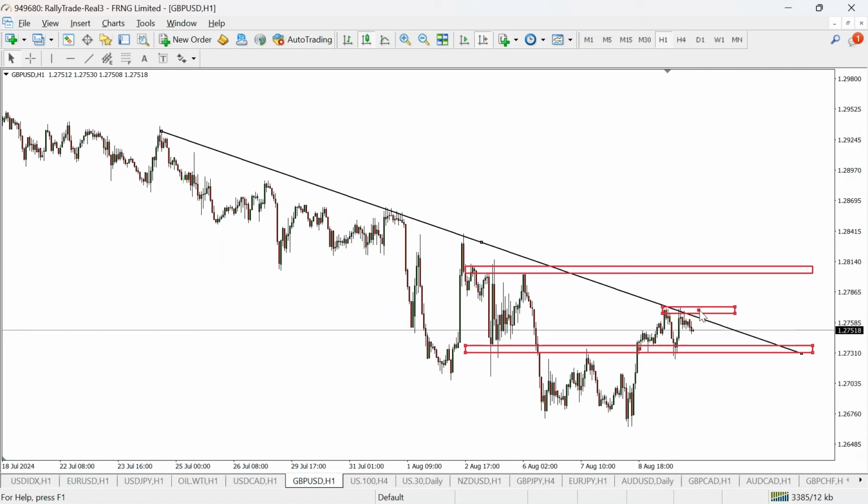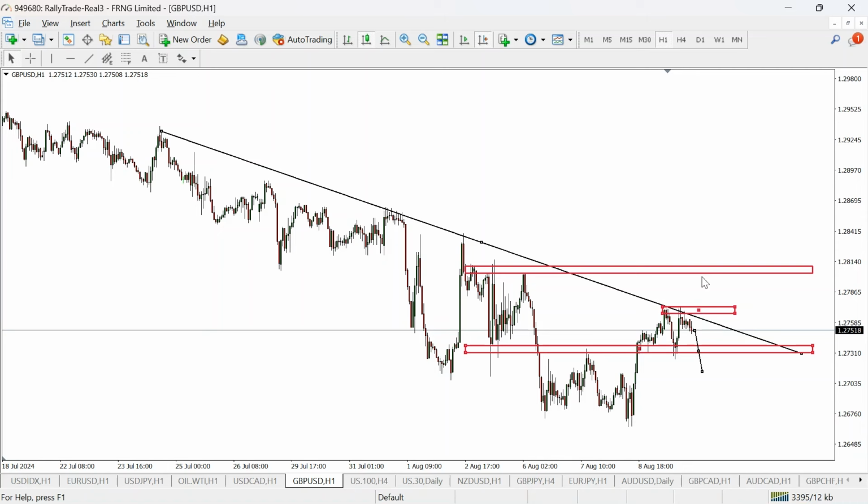So now, since I know the market is to the downside, I would prefer that the market breaks below this level. I'll wait for the market to break below this level, because this level may not hold.